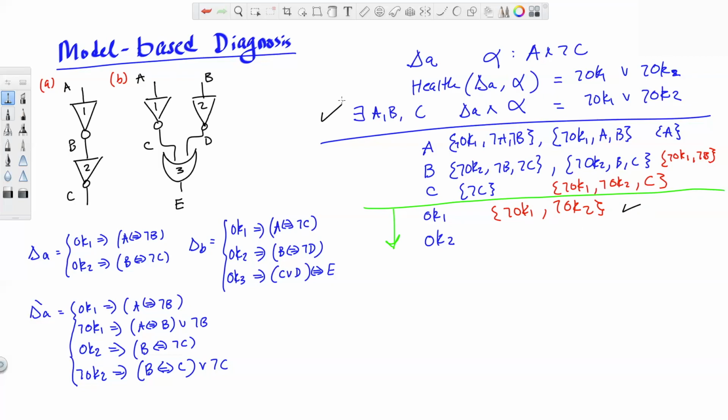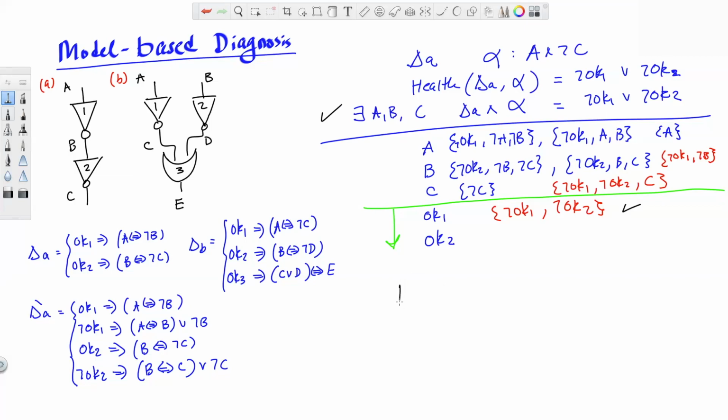This tool was not available when people developed the notion of model-based diagnosis initially. What they did is, and I'll tell you now, and that brings the connection of these notions of prime implicant and prime implicate. So the main question we're going to focus on is, fine, I got it.